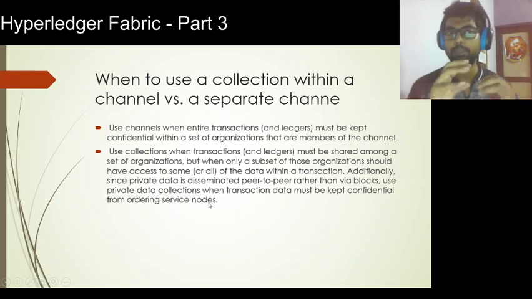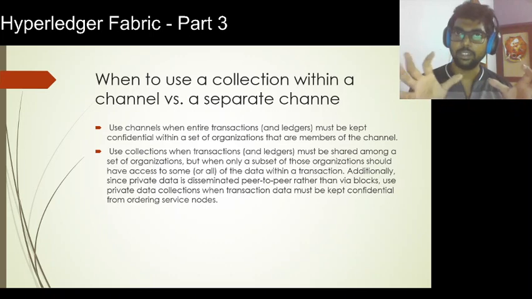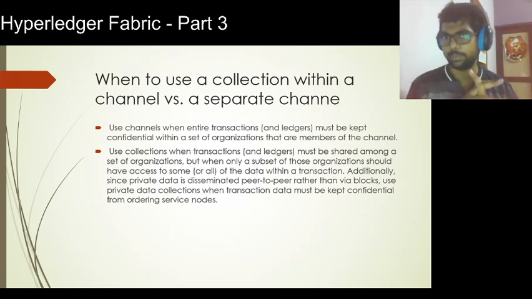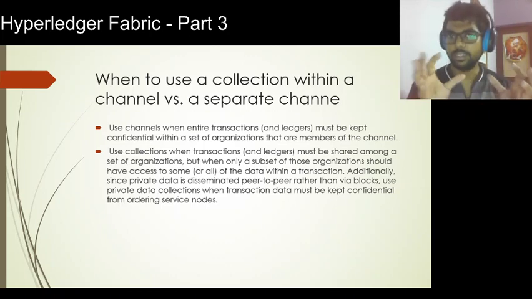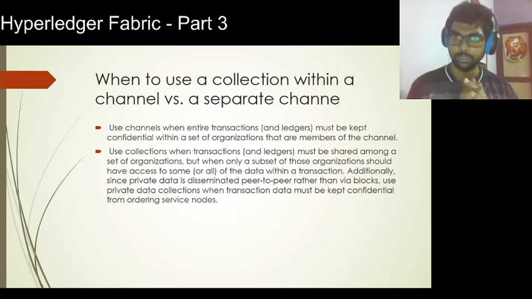So if some data between these organizations needs to be private, and not all the data, then we can share it peer-to-peer, skipping the ordering node. The ordering node would go and keep it as a block, right? So we are skipping that and using the peer-to-peer process.